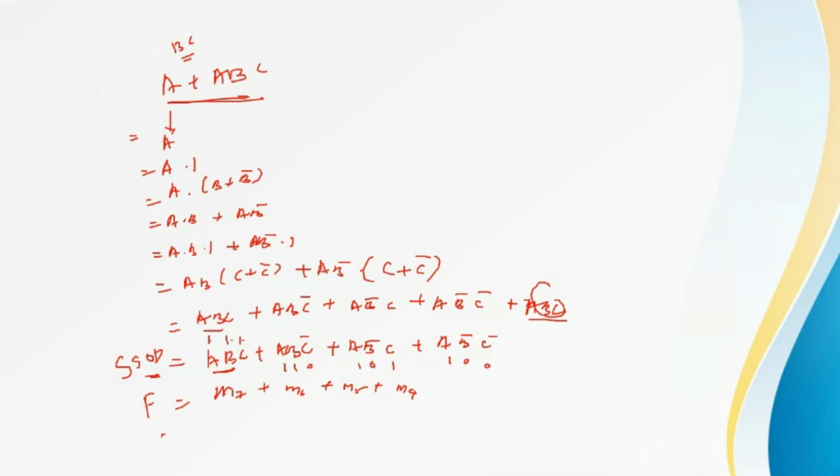So finally, we can write this equal to summation of 7, 6, 5, 4. This is our final expression. Got this, right? How to solve?